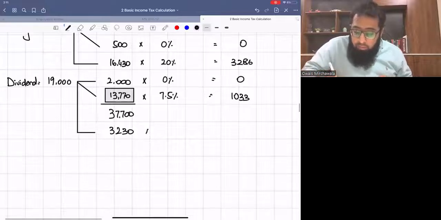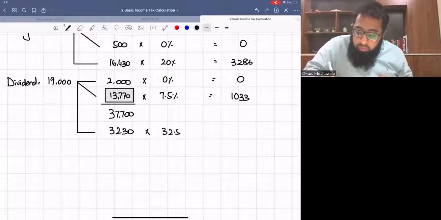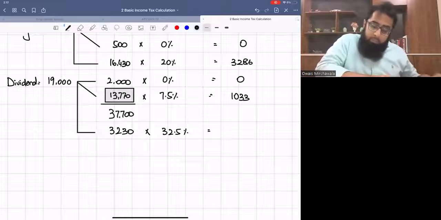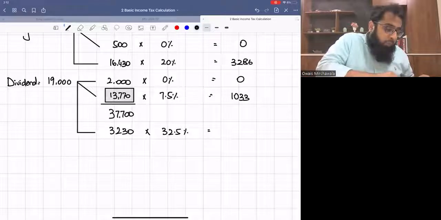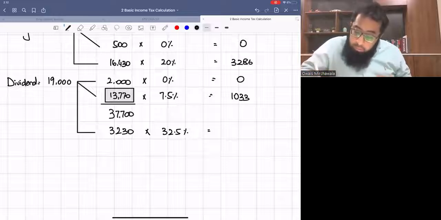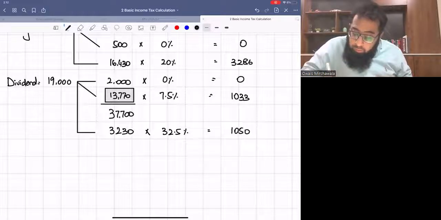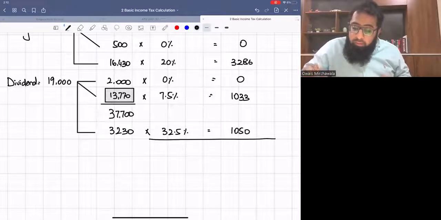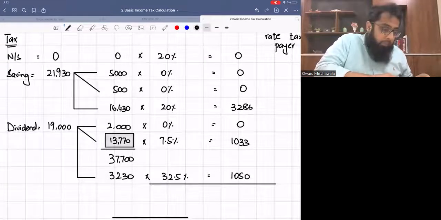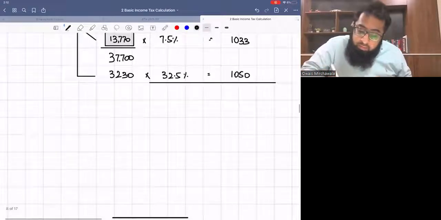Now this 3230 will be charged at 32.5%. This gives me 1050. So if I add up all of them to arrive at the tax liability, it's 3286, 1033, and 1050. So it's 5369.